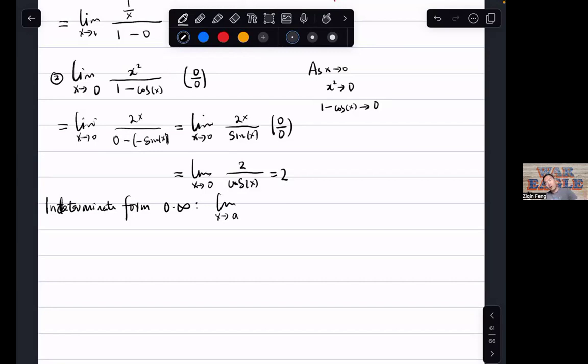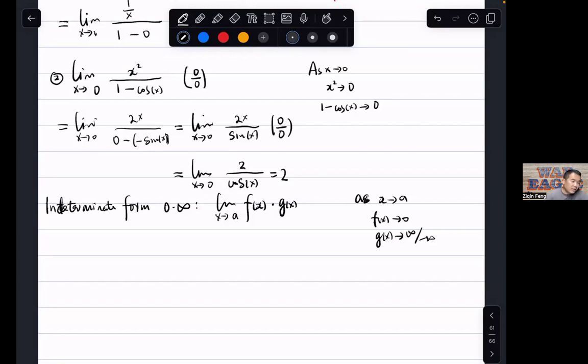A could be positive infinity, negative infinity, or a one-sided limit, a plus or a minus, so any possible variation, of f of x times g of x. As x goes to a, f of x goes to 0 and g of x goes to infinity or negative infinity. It doesn't matter if positive or negative; you can switch them or just multiply by negative one in front, and everything will go from positive to negative. So this is indeterminate: 0 over infinity is 0, but 0 times infinity could be anything.